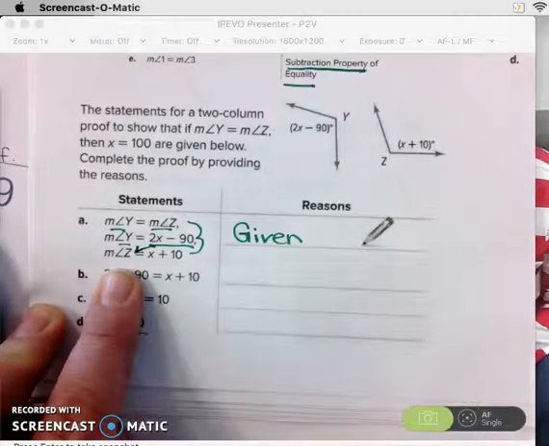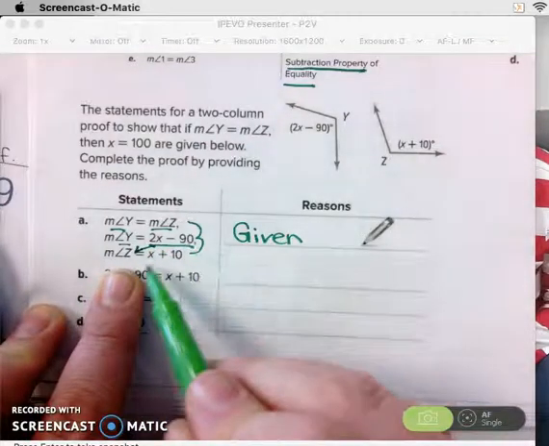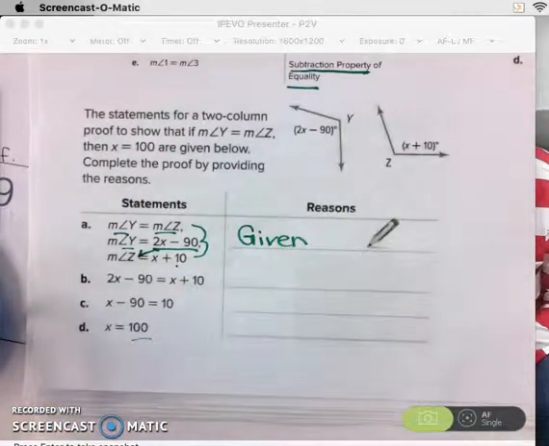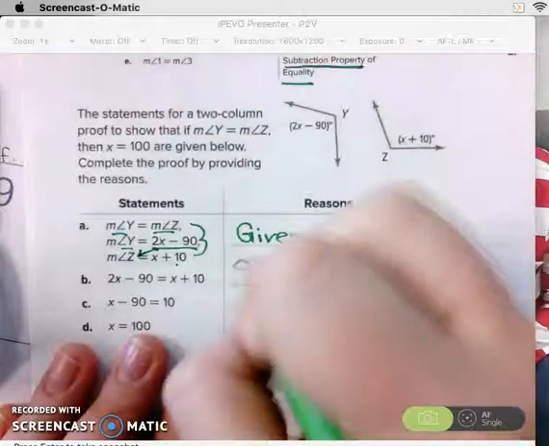If this equals this and this equals this, then this has to equal this. So we're going to use substitution for that.